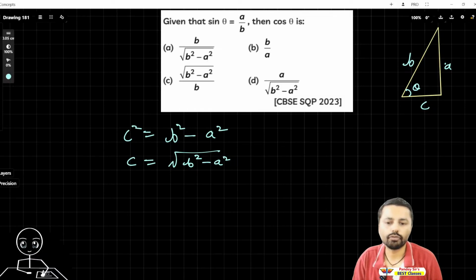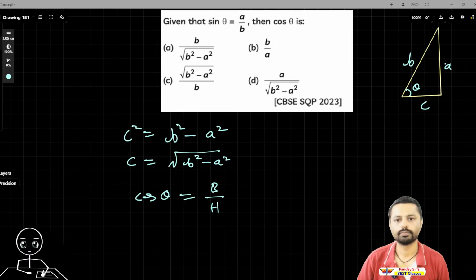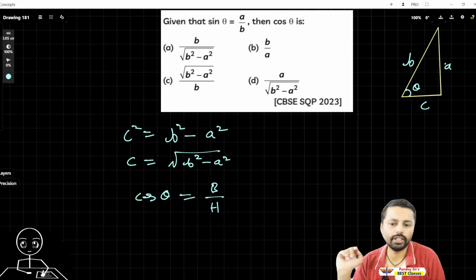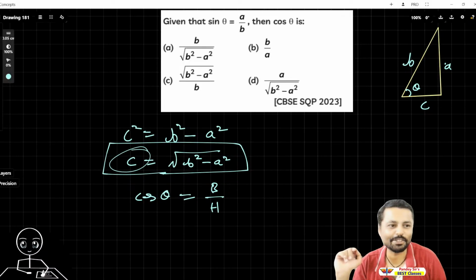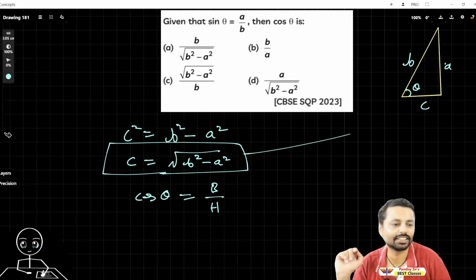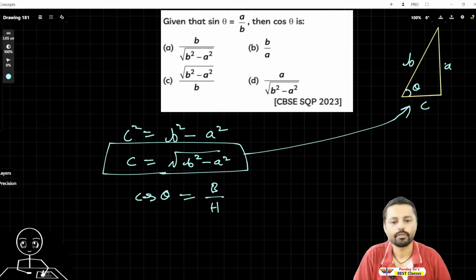Okay. Now we know that cos theta equal to B by H, base by hypotenuse. So guess what? The base value we just found out. I have written C, but it is actually the value of the base.